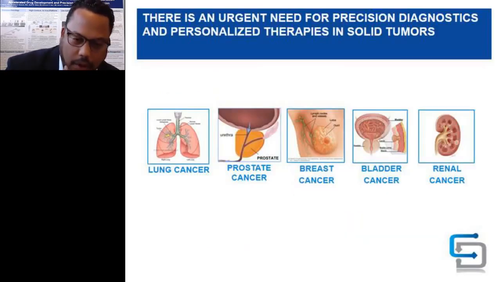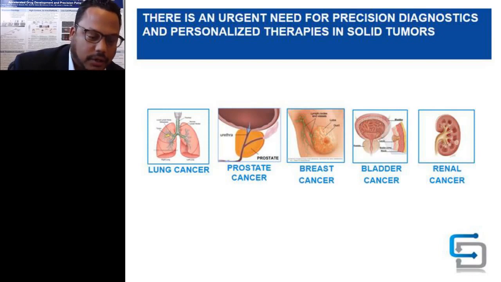So we all are very well aware of the need for and the importance of precision diagnostics and personalized therapies in solid tumors. We've been subject to classic techniques that have yielded the results that we see today. And a lot of these types of cancers, lung, prostate, breast cancers, for example, are still very much in need of personalized therapies.